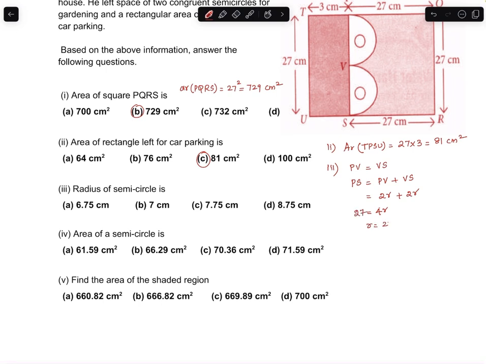R is 27 by 4, which is 6.75 centimeter. The answer is option A.